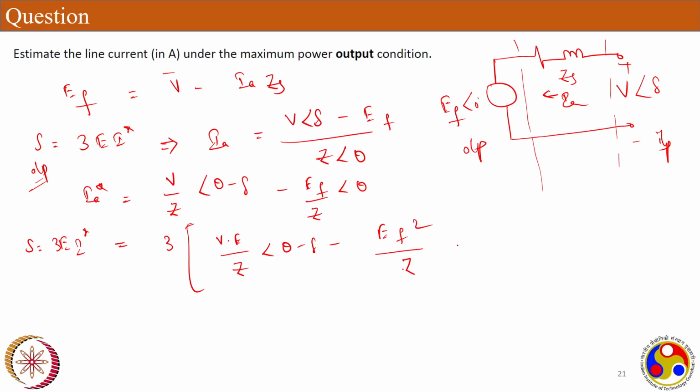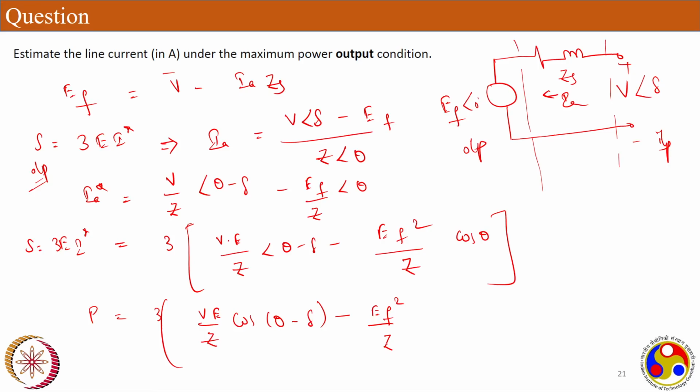Now let's get the real power from this: 3 times VE by Z cos of theta minus delta minus EF square by Z cos theta. Okay, now can you tell me what is the condition for this power to be maximum? This is the output power and this should be maximum.